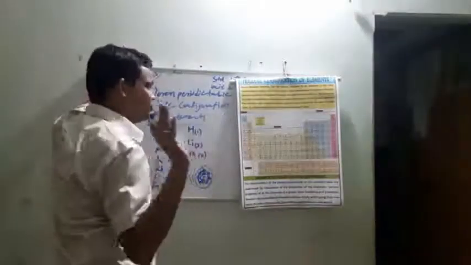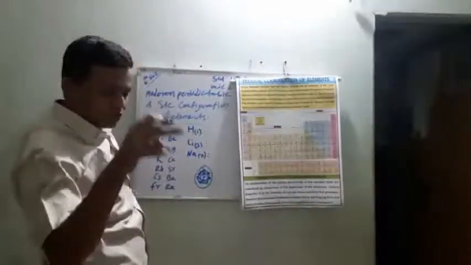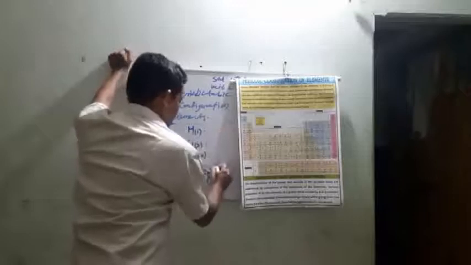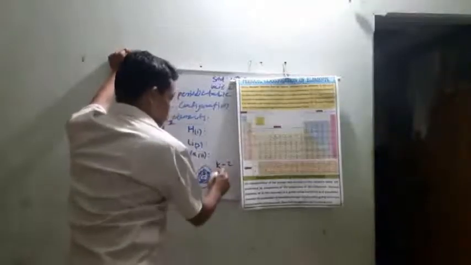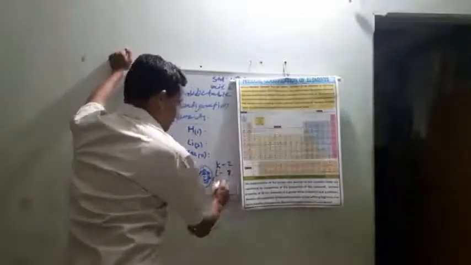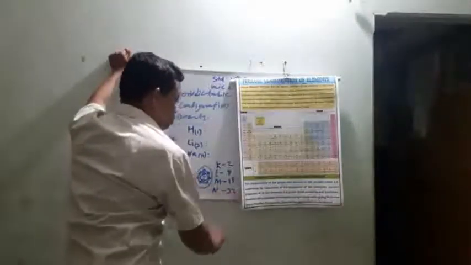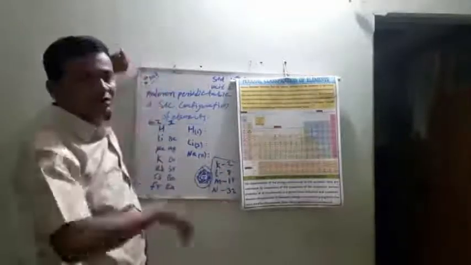That is, there are 4 types of shells surrounding the nucleus of an element. So the first shell, K, has a capacity of 2 electrons. The second shell, L, has a capacity of 8 electrons. The third shell has a capacity of 18 electrons, and the fourth shell, N, has a capacity of 32 electrons. This point you have already learned in the last standard.